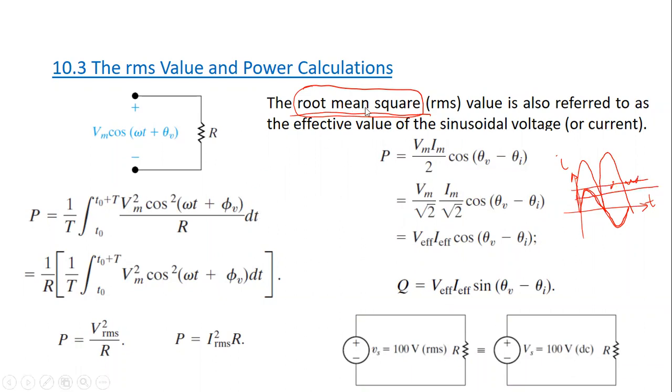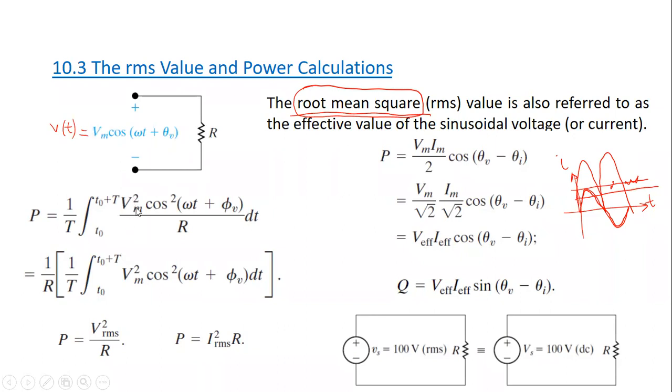So the root mean square is the integration of, here we have a voltage given as, let me write it here, V of t is given as V maximum cosine omega t plus theta v. So this is the standard form. Now I want to square it. I want to multiply it by itself.